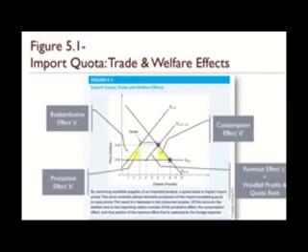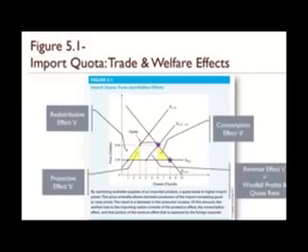The mid-graphic area C is the revenue effect. This response is created by the quota, making consumers pay an additional $2.50 for each pound of cheese. The quota creates an artificial scarcity of the commodity, inflating the price of cheese in the domestic market. This revenue effect is known as a windfall profit, and also called a quota rent.